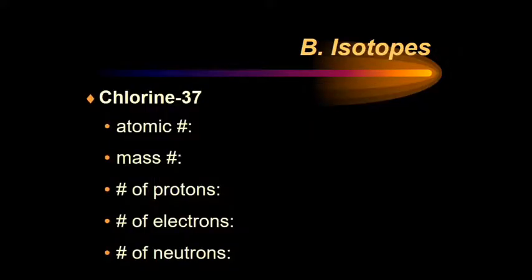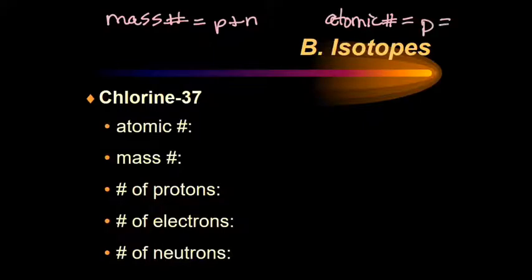So going through this example here, just writing down a couple things as a refresher. We've got our mass number, which is equal to protons plus neutrons. We have our atomic number, which is equal to the number of protons and also equal to the number of electrons. So when I look at chlorine-37, I see right away this hyphen 37. That has to be the mass number. And for the fact that it is actually chlorine, I'm going and finding chlorine on my periodic table.